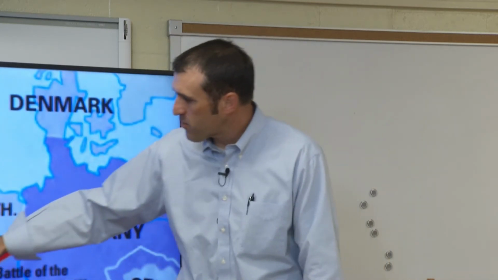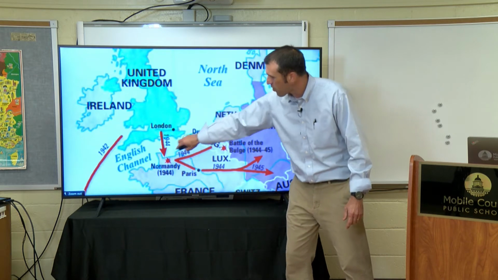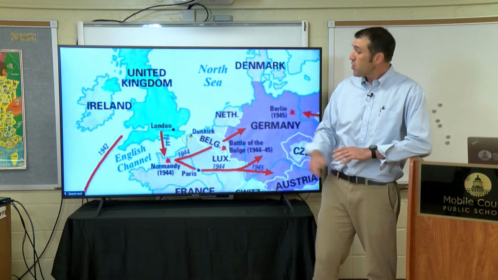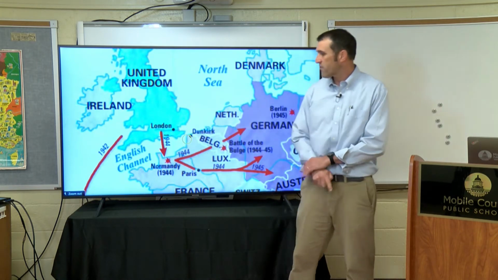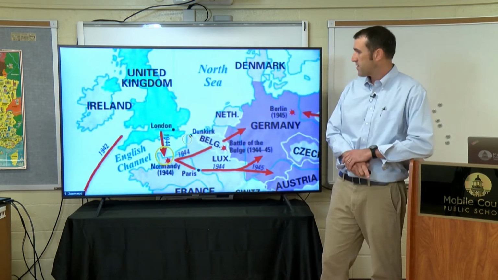Give you an idea as we zoom in here. Germany felt sure that this little area right here, the smallest part along the English Channel, would be where the Allies launched their attack. When in reality, the Allies launched further west into a less heavily fortified area of France called Normandy.